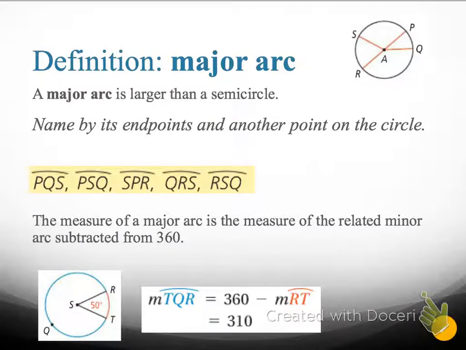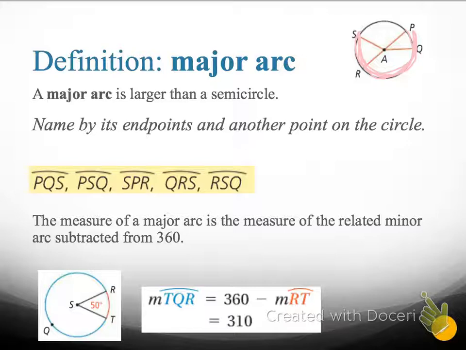Major arc. A major arc is larger than a semicircle, so this time it's going to be bigger than half of my circle. So we name it by its endpoints and another point on the circle. In the example given, one of them is PQS. You can see that that is larger than half of the circle. It is also not a minor arc because minor arcs are smaller than half of the circle. The measure of a major arc is 360 minus the measure of the related minor arc.